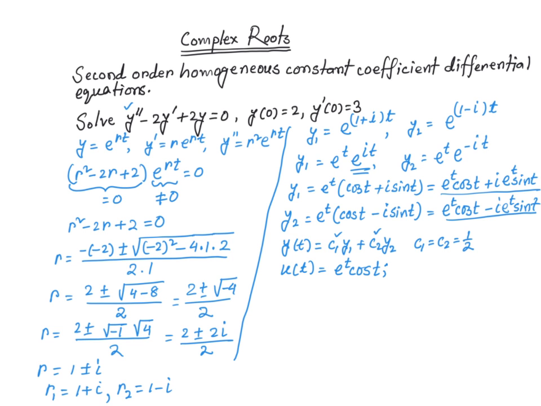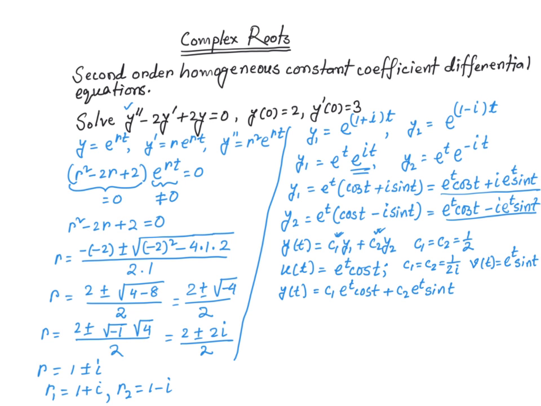Similarly, if we assume c1 equals 1 over 2i and c2 equals negative 1 over 2i, we get a function v of t that is e to the power t times sine of t. The general solution is of this form: y of t equals C1 times e to the power t cosine of t plus C2 e to the power t sine of t. These C1 and C2 are slightly different from the earlier ones, but to be consistent, I'm using the same names.